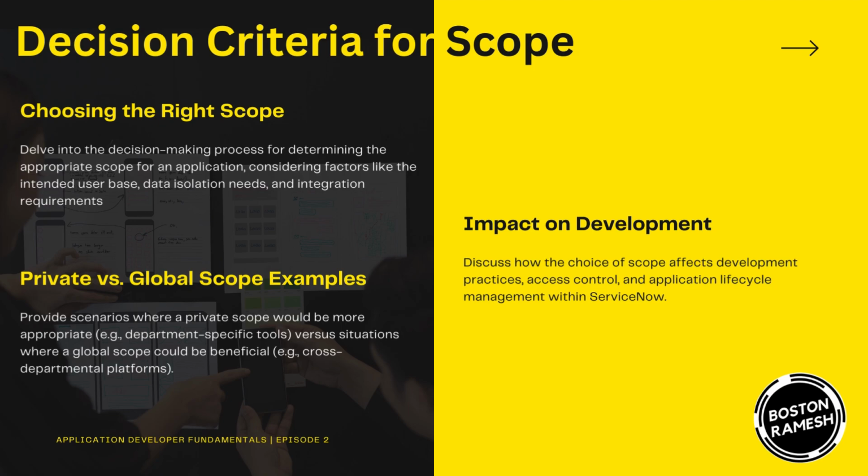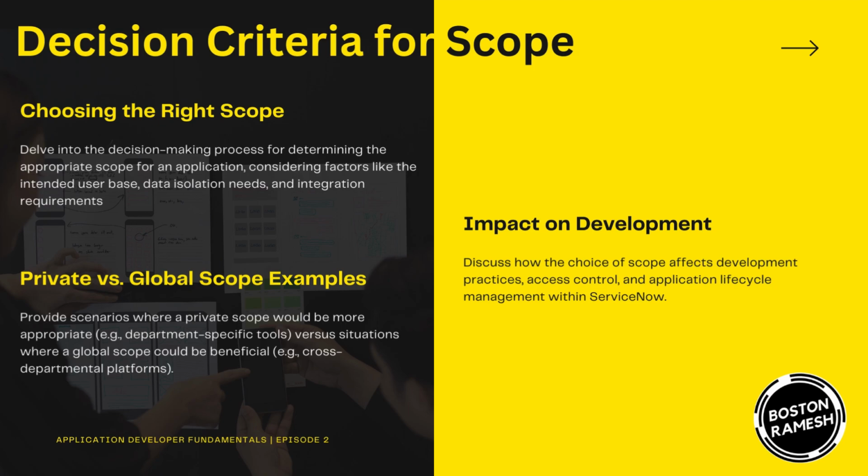On the other hand, global scope applications are beneficial for solutions that require cross-departmental access or need to leverage ServiceNow's extensive platform capabilities across multiple functions. Let's say, for example, you are building a functionality at an organization level that can be used by several other departments.